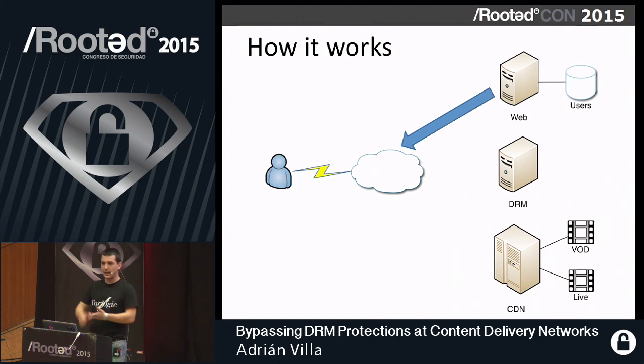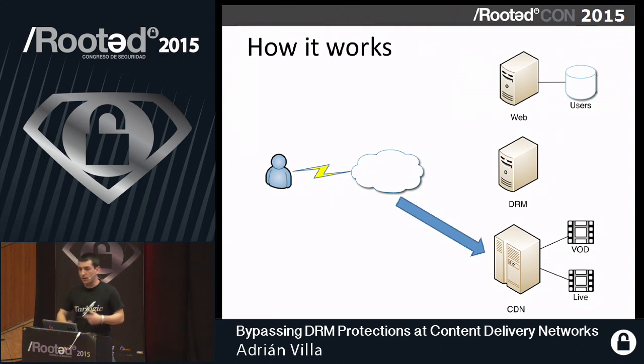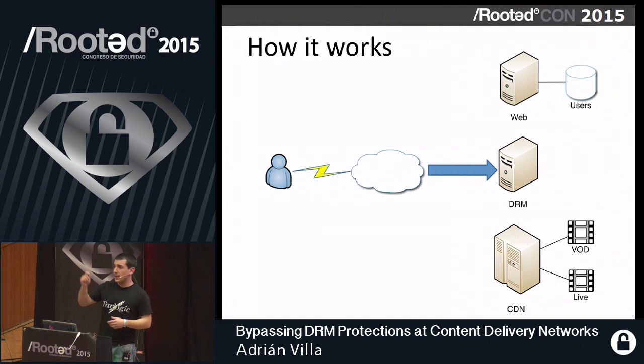Then the web gives back an HTML file and all the parameters that the player needs to play the video, whether it is the manifest, the URL of the DRM, that is to say the ID of the product, etc. Then the player requests from the CDN the necessary information to start playing the video, and when the video is played, if it is protected through DRM, it does a request to the server.